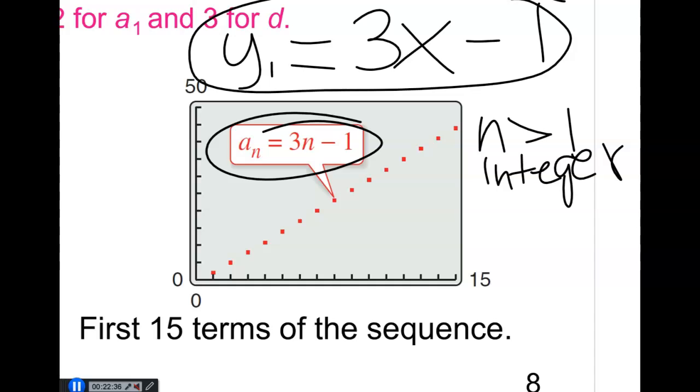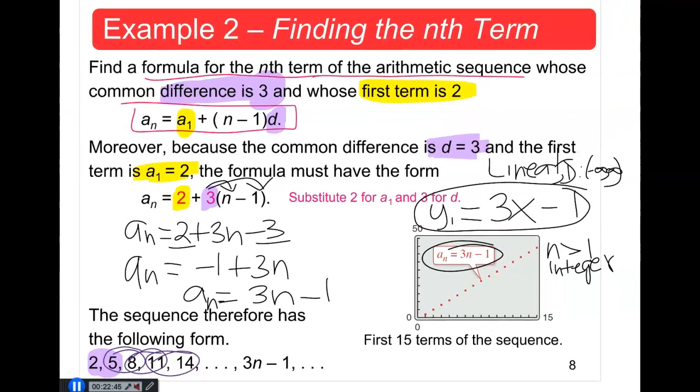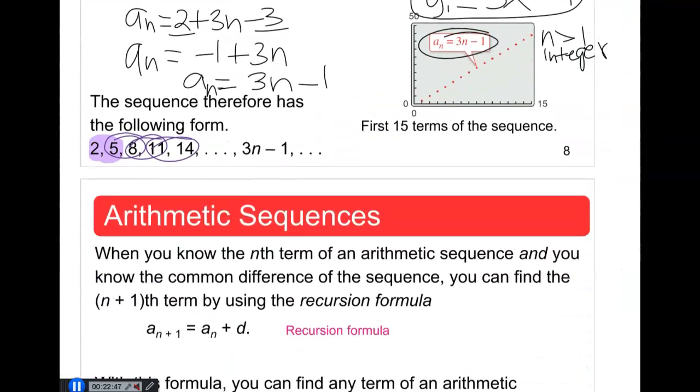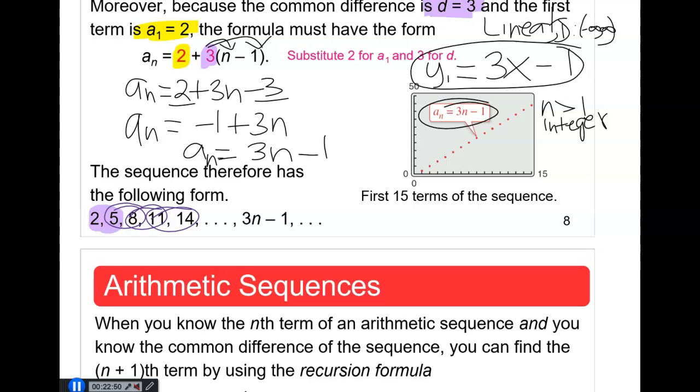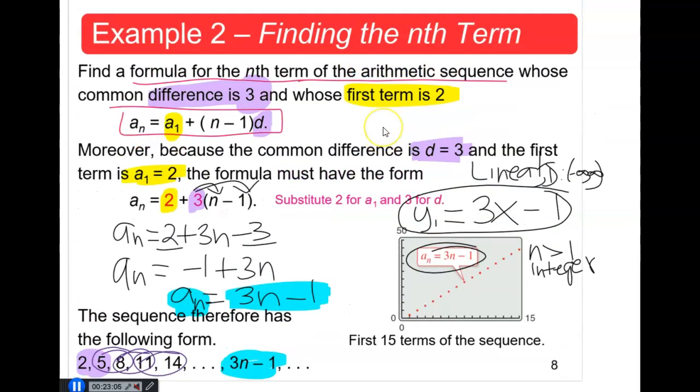We just say the first term, the second term, and then we go to the third term. We don't worry about what is between 2 and 3. Okay, so that is how we found the formula for the nth term. And it's just by simplifying from the original formula, the one that we have here.